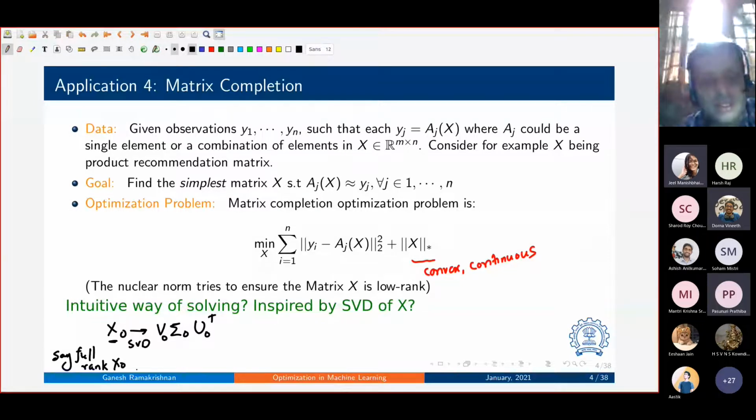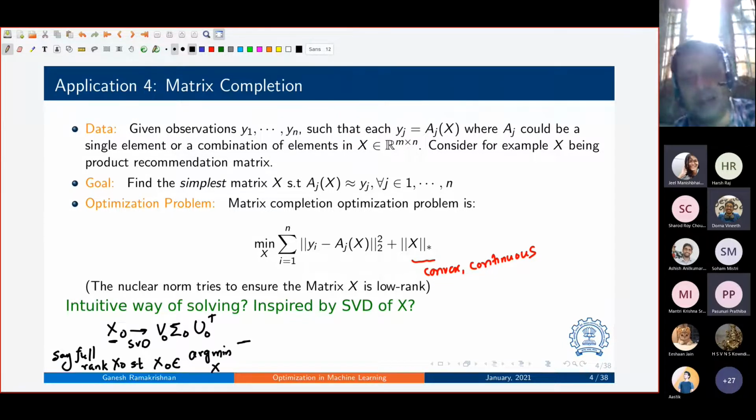Say full rank x0 without the simplicity constraint, such that x0 is an argmin. When we say argmin, there could be multiple x's that minimize the objective. So argmin is all those x's that minimize, and we'll pick one of them, without any regard to the nuclear norm.